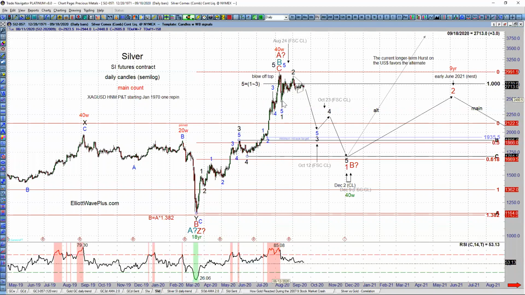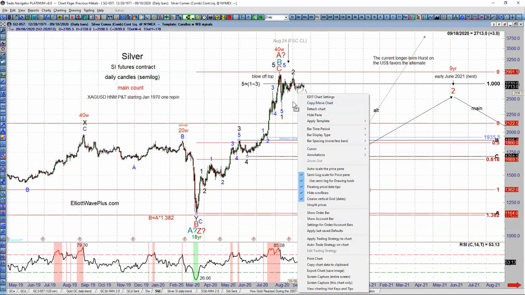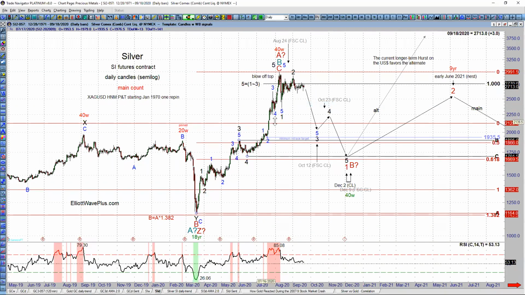This move to the downside here was certainly impulsive. I've got that as a wave 1. This looks like a nice wave 2, and I really think that what we're getting here is some stacked-up 1-2s.